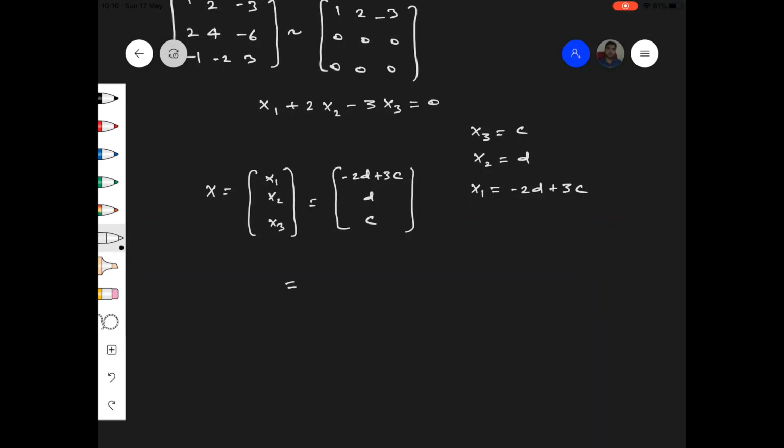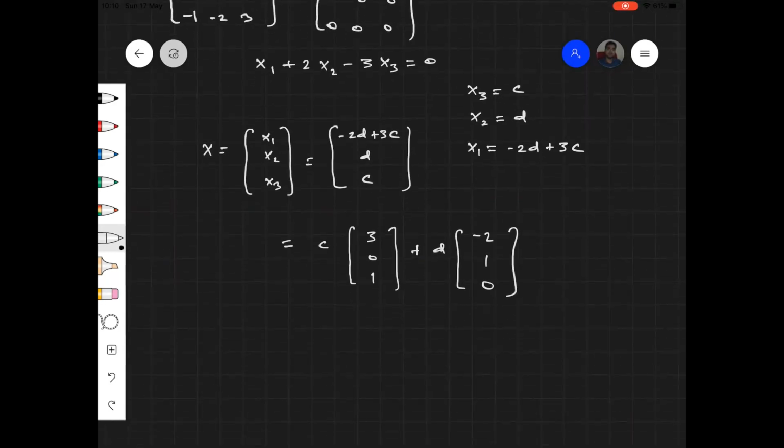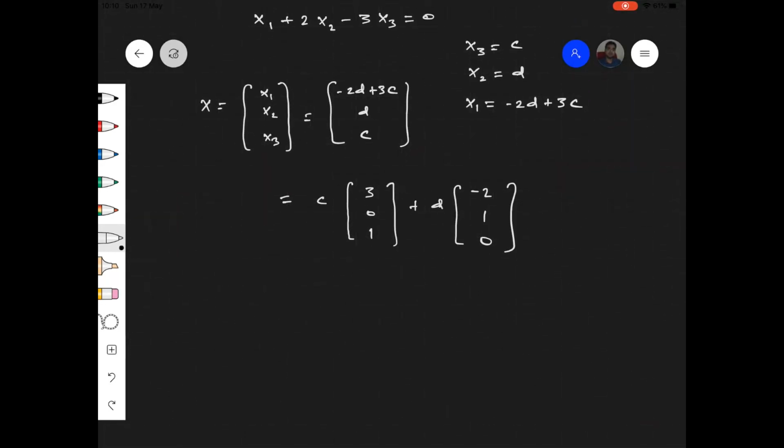So it can be split like this: c times (3, 0, 1) plus d times (-2, 1, 0). So these are two linearly independent solutions of this system of linear equations, and for the eigenvalue alpha equals -3, we have two linearly independent eigenvectors, and these eigenvectors are (3, 0, 1) and (-2, 1, 0), or their scalar multiples.